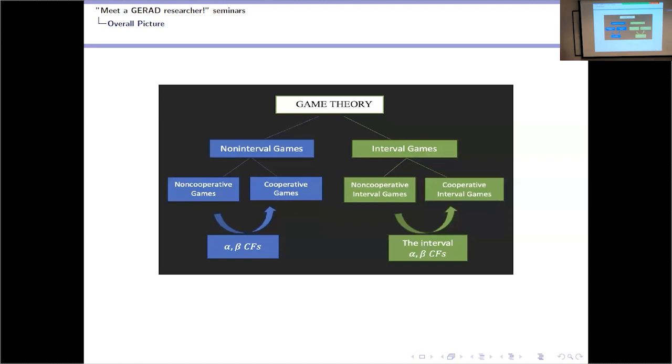So we thought it would be interesting to examine how the cooperative version of an interval non-cooperative game could be constructed. And also, is it possible to adapt the alpha and beta approach for the case of interval games?